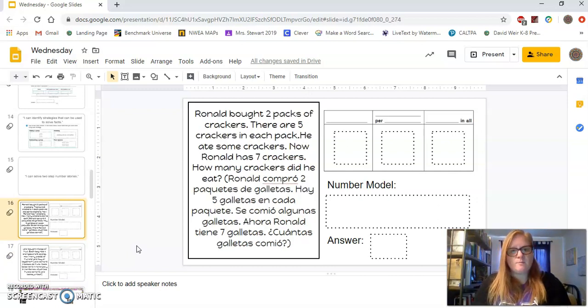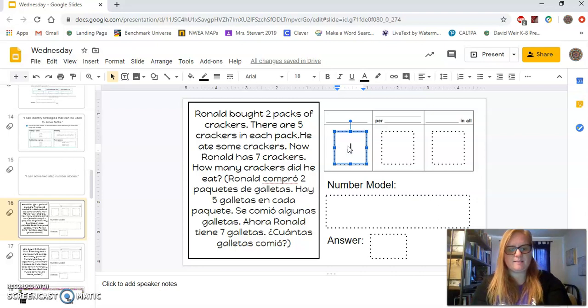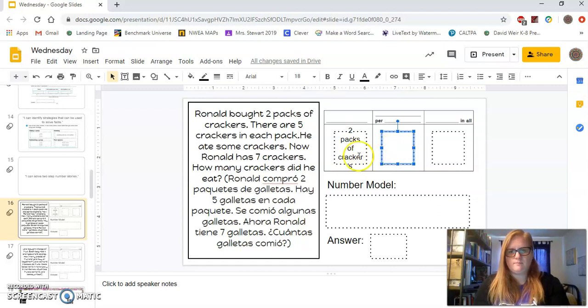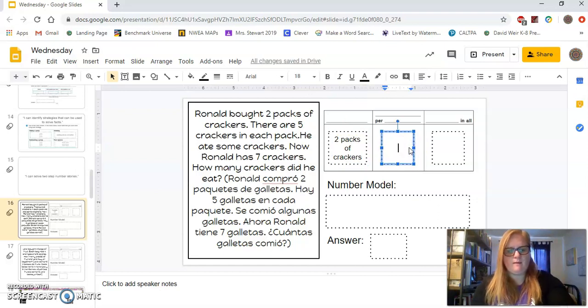So Ronald bought 2 packs of crackers. There are 5 crackers in each pack. Okay, so 2 packs. Five in each pack.